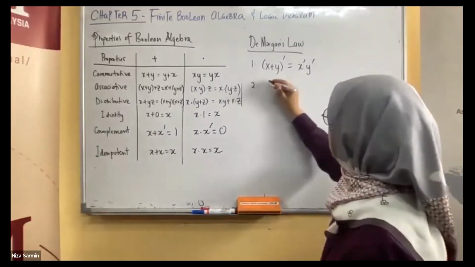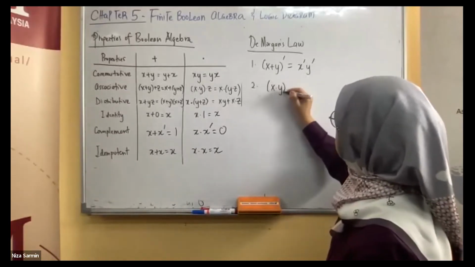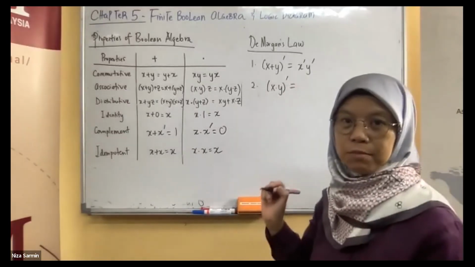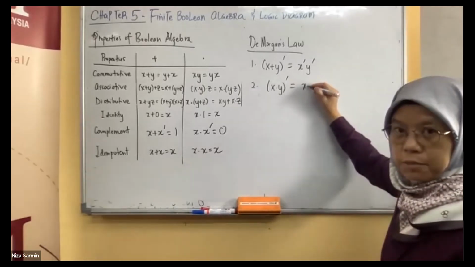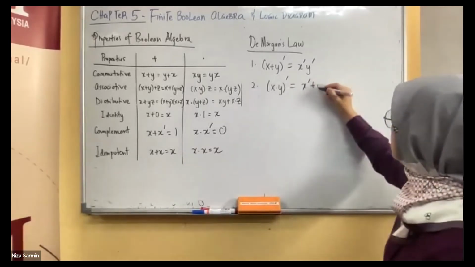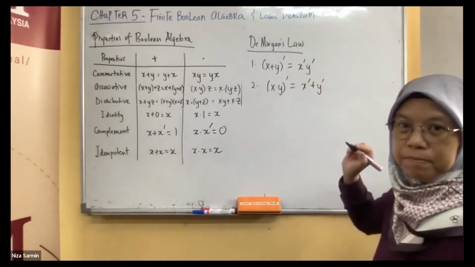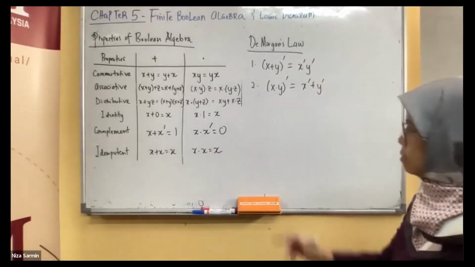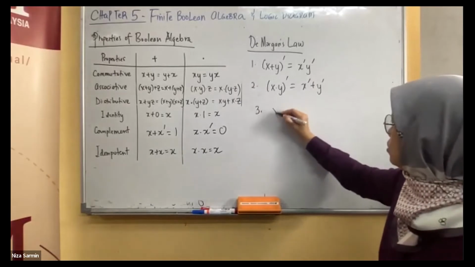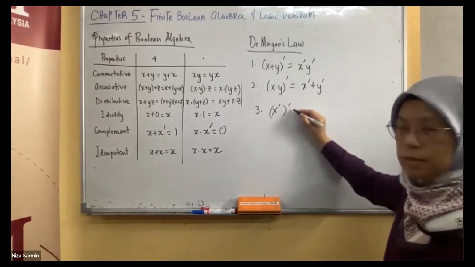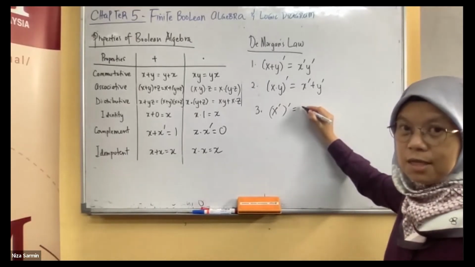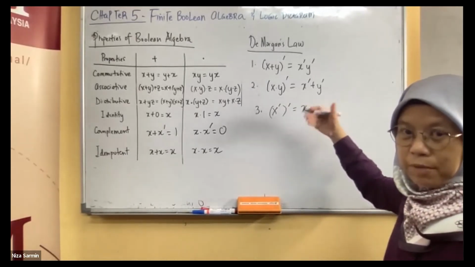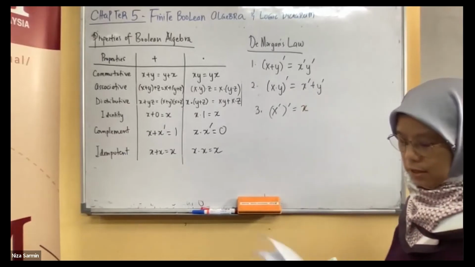If you have x times y prime, this becomes x prime plus y prime. All right. And what happens if you take prime twice? This becomes just x, right? You take the prime twice, it becomes just x.